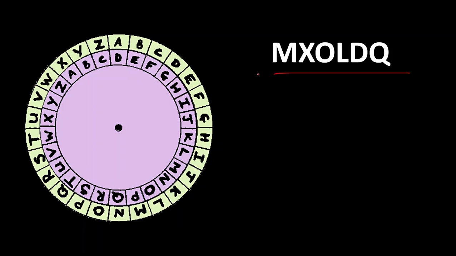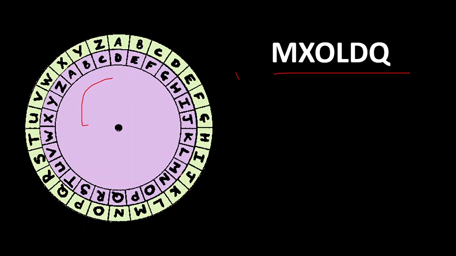As mentioned in the problem, we have to decrypt this, which means that this is already a ciphertext. This purple wheel is the cipher, and the green one is the plaintext. So we're going to convert the purple to the green.